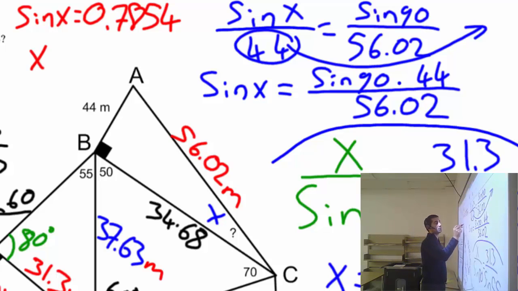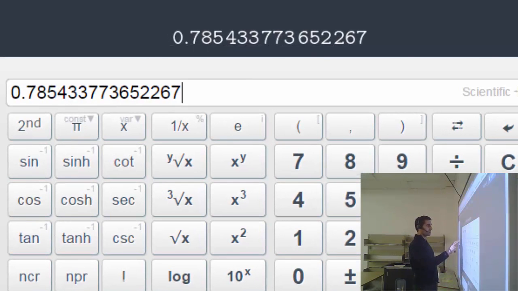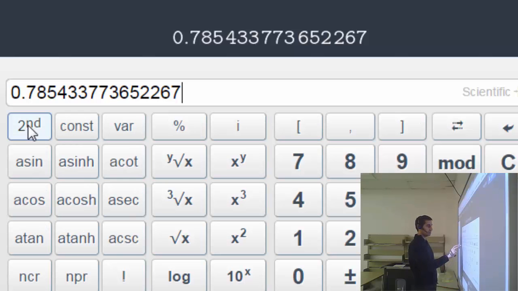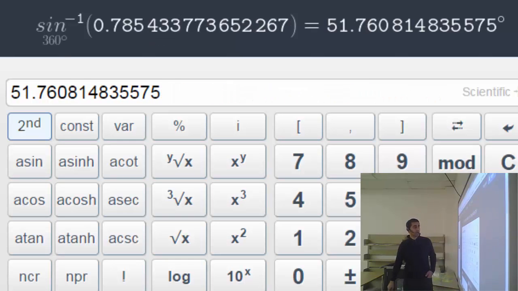This is a degree, it's going to be a weird number, but I'm going to round it to a whole number.